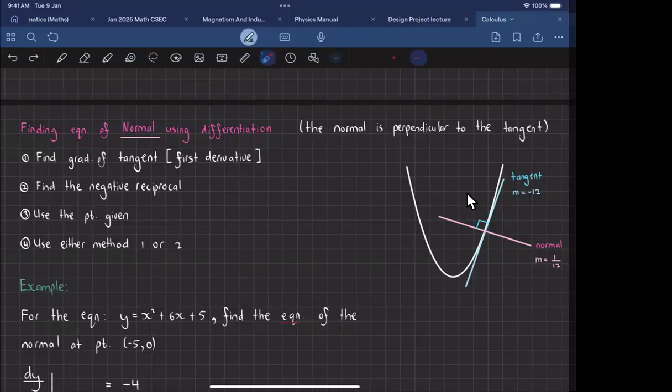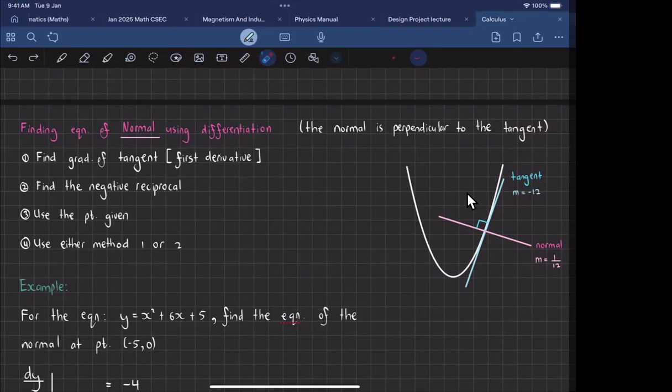So here, Aliyah, for the example, they're asking us to find the equation of the normal at point minus 5, 0. Do you know what the gradient of the tangent is at minus 5, 0? What's the gradient of the tangent? -4. Right. So you're going to write that down.